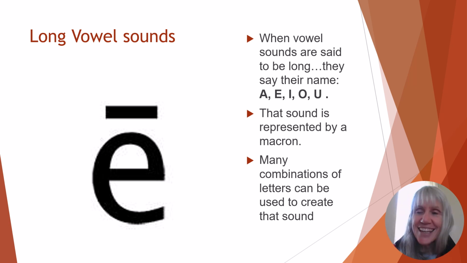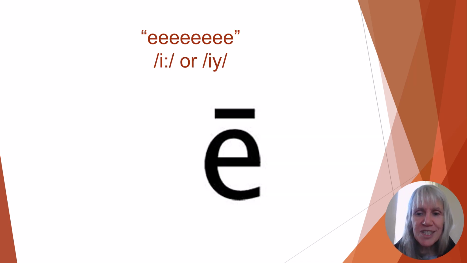Confused yet? It can get confusing, but we are going to work our way through one word at a time, and for now, one letter at a time. I'm just sticking with the E as an example, and that macron could be over the A, the I, the O, the U, just so you know.